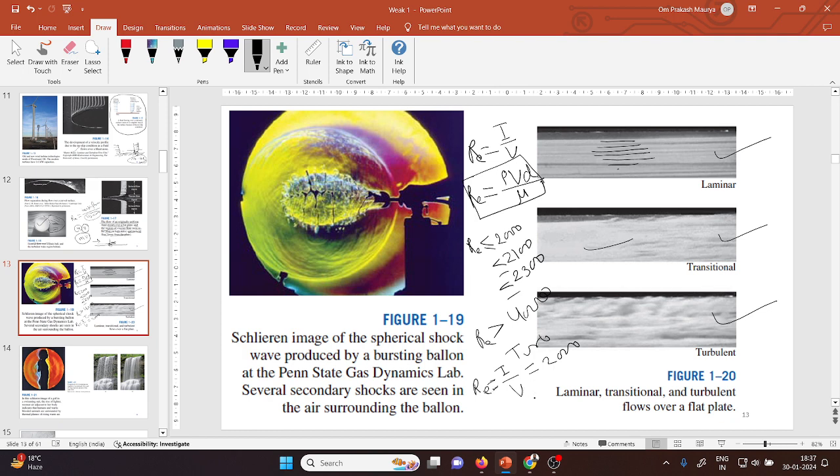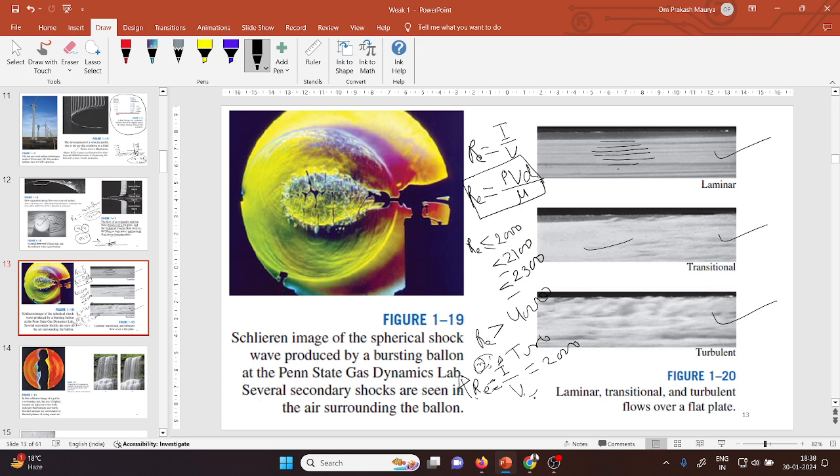You have two options. First option, you increase the flow, that is the mass and velocity, so the inertia force will increase while the viscous force stays constant. Another way, the flow remains the same as the initial condition, but if you somehow reduce the viscous force, then your Re, the Reynolds number, will increase.